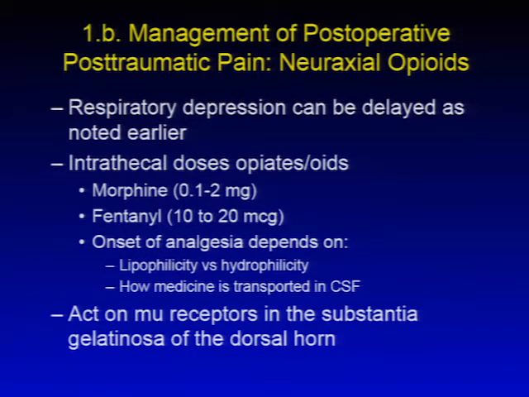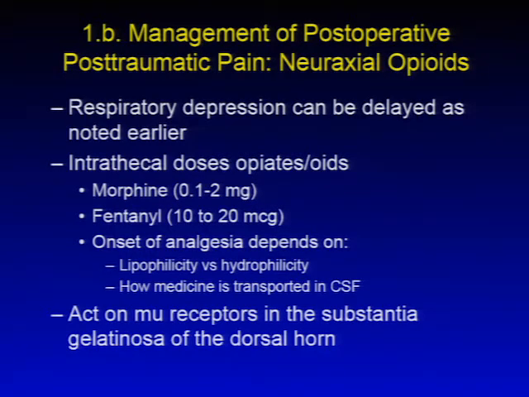I wanted to move forward and discuss a little bit further the use of neuraxial opioids. I mentioned earlier that respiratory depression can be delayed, as noted. Intrathecal doses for opioids and opiates have been used, as well as epidural. Note that the intrathecal dose is typically 1/10 that of the epidural dose.